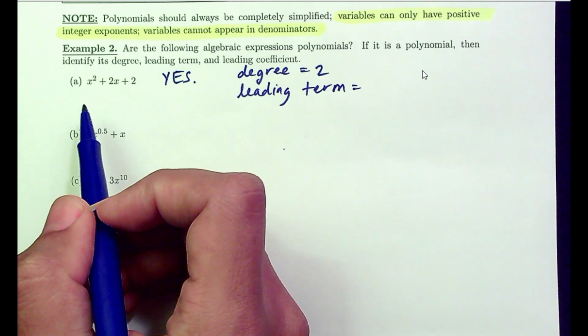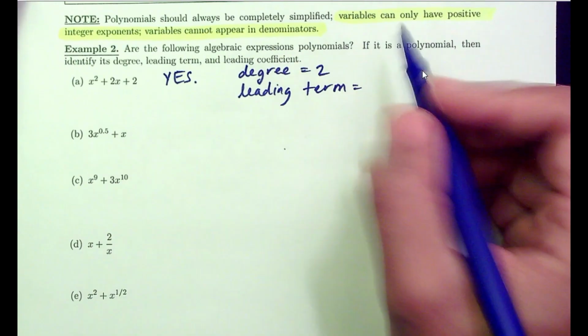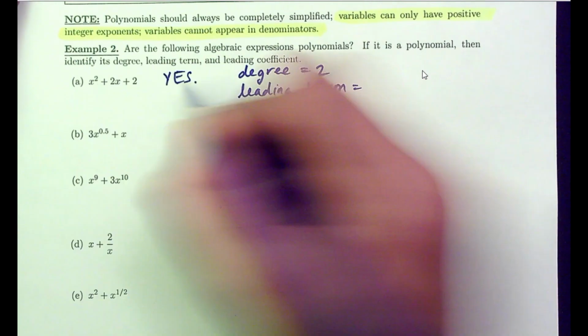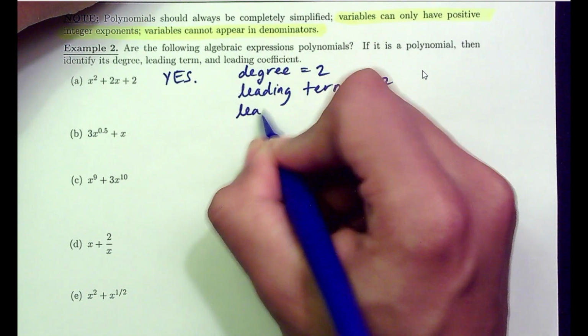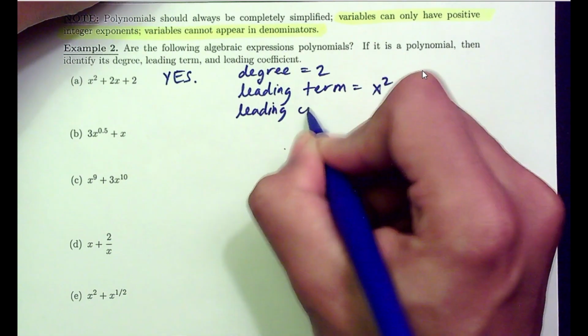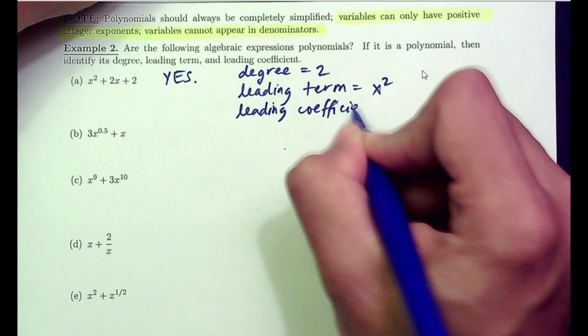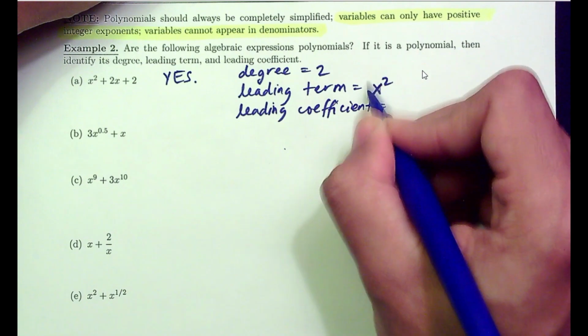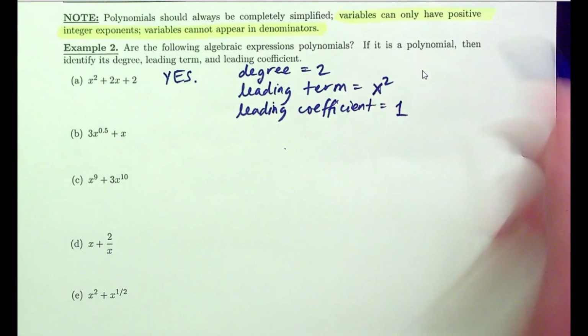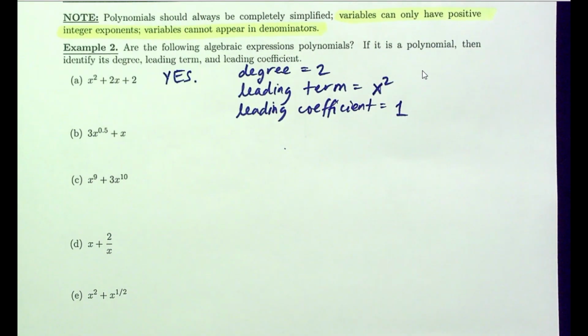If it is not in descending order, it's not going to be the first one. So in this case, it is in descending order, so the leading term is x squared, and then the leading coefficient is the number in front of the leading term. In this case, it is a 1. There's an invisible 1. Remember that.